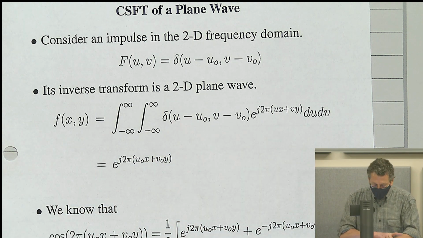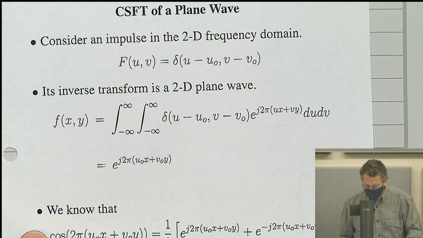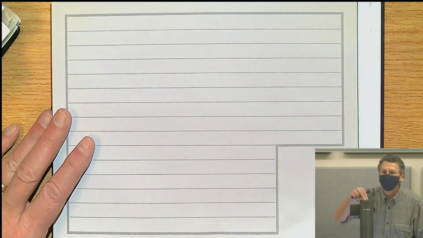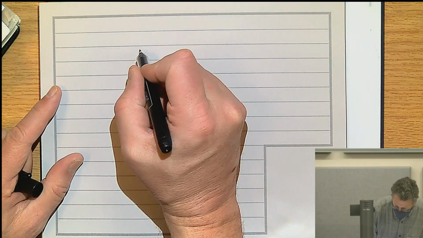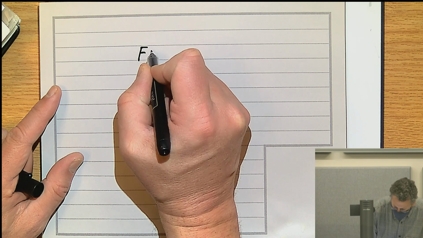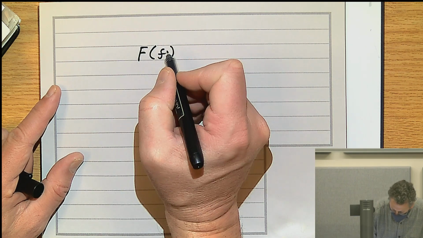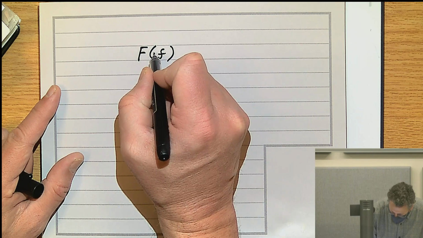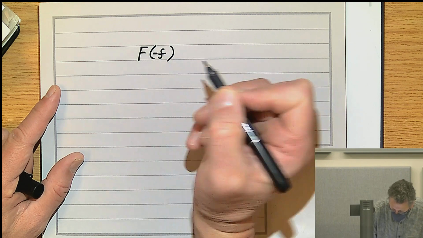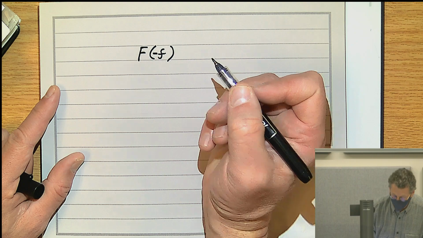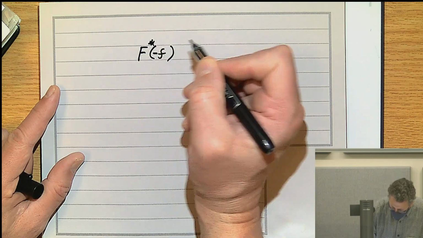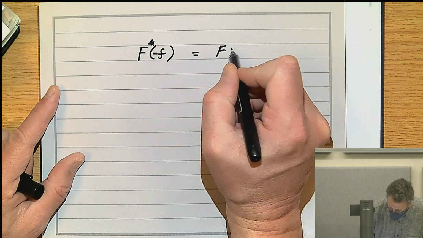Now, real signals, remember I said, are always conjugate symmetric. So in 2D, if I have a Fourier transform F of f, and I flip it in frequency by putting a minus sign there and take the complex conjugate, I get F of f.